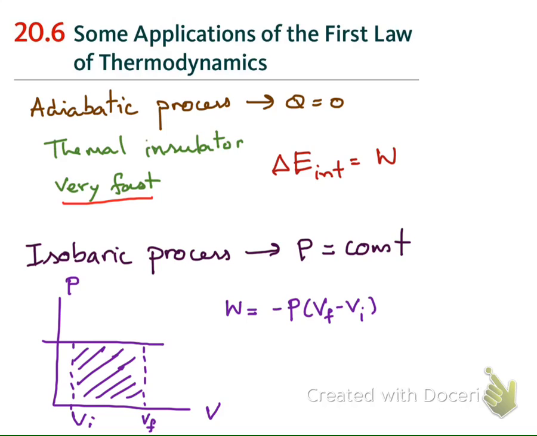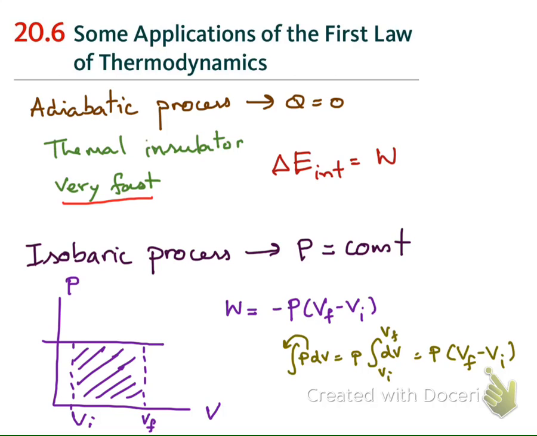Since P is a constant, the integral of P dV is P times the integral of dV from Vi to Vf, which is equal to P times Vf minus Vi.